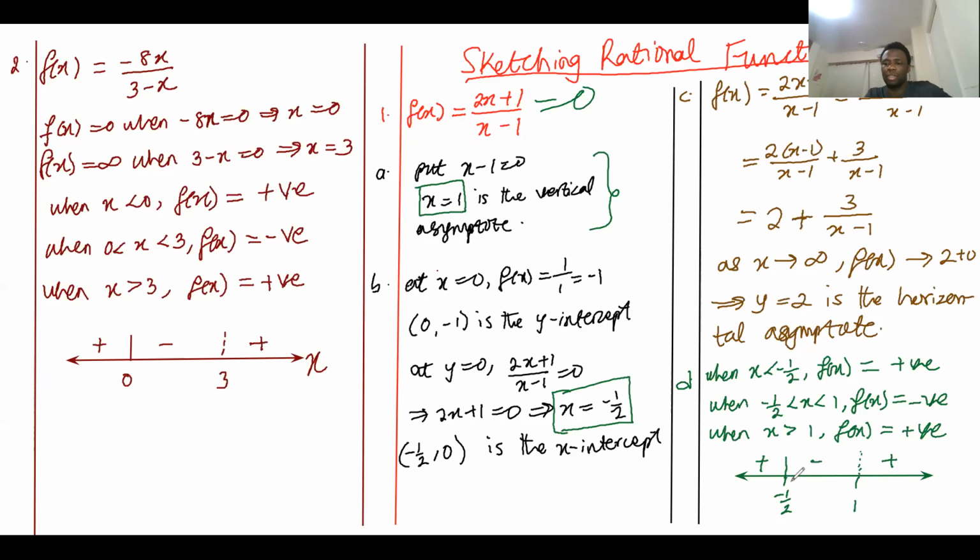Now, this behavior, I want to show you the behavior from here for the vertical asymptote first. Remember, the curve is going to look like the vertical asymptote means something like this, right? So we want to see how the curve behaves around this. Now, when the curve, who is that?